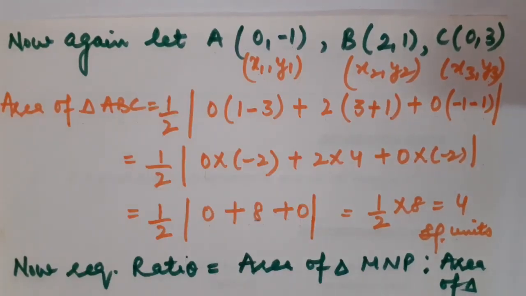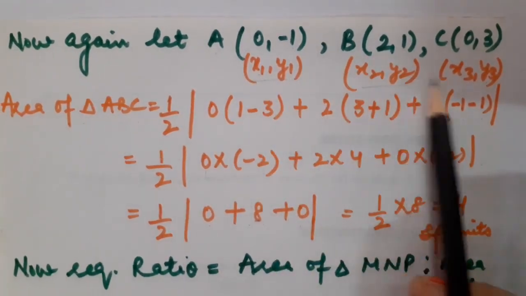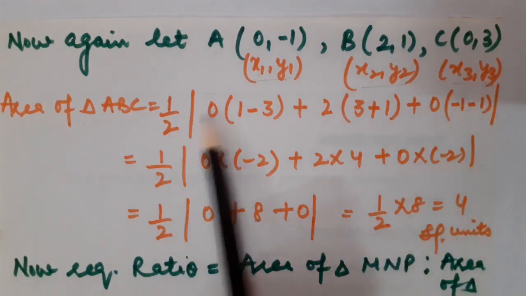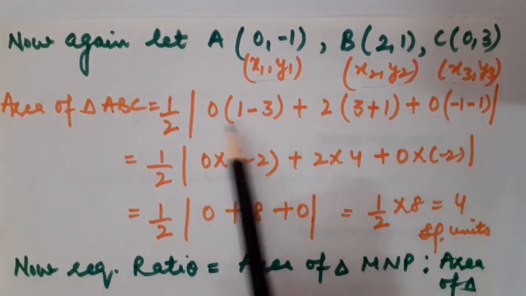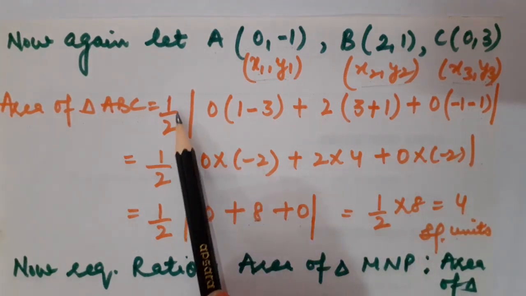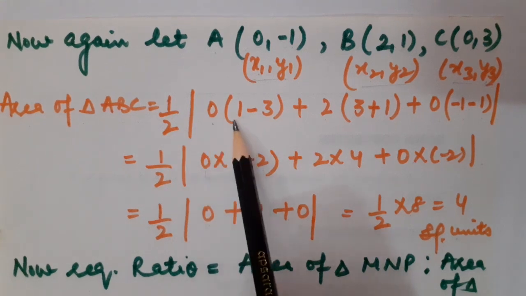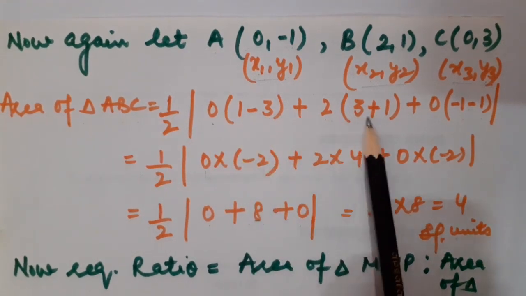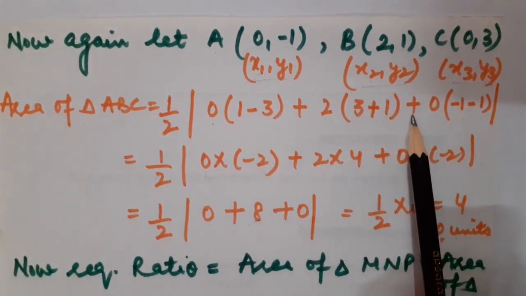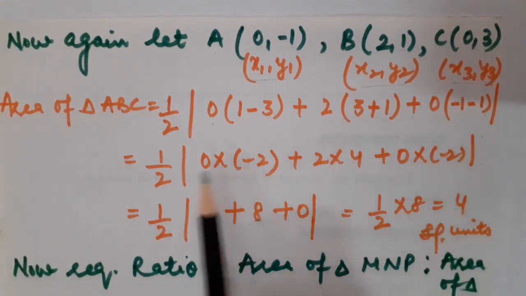Now let us calculate the area of the bigger triangle whose coordinates were given in the question, and I have assumed them as x1, y1, x2, y2 and x3, y3. After putting these values in the formula of area of triangle, I have got half modulus of 0(1 - 3) + 2(3 + 1) + 0(-1 - 1).